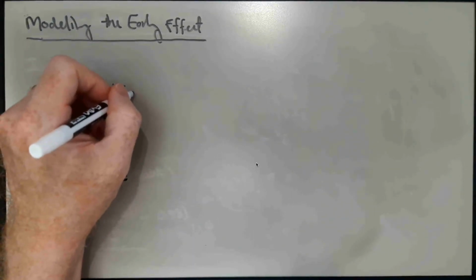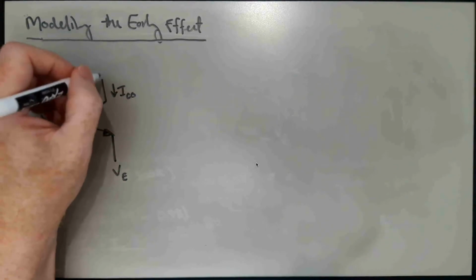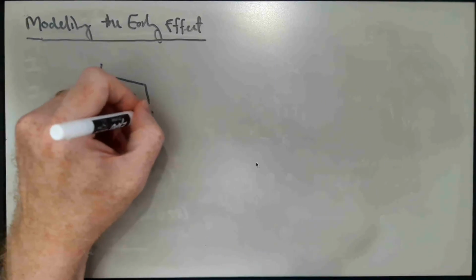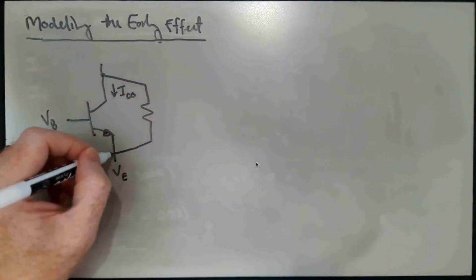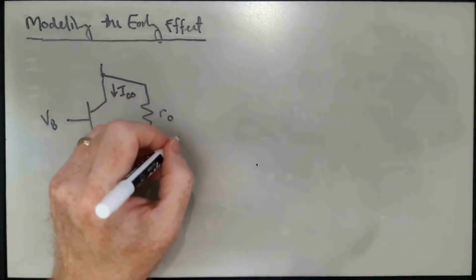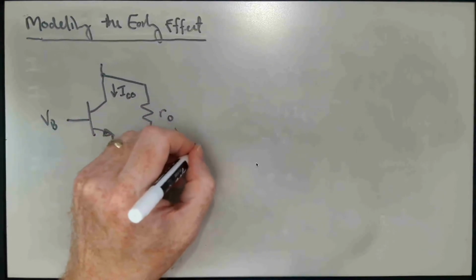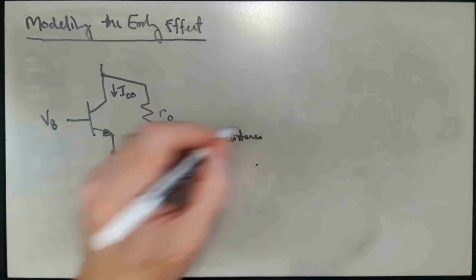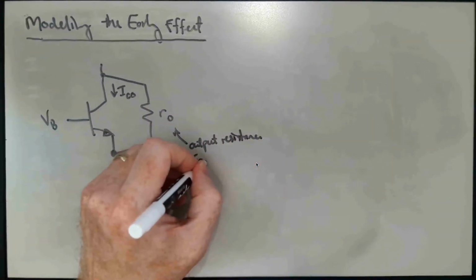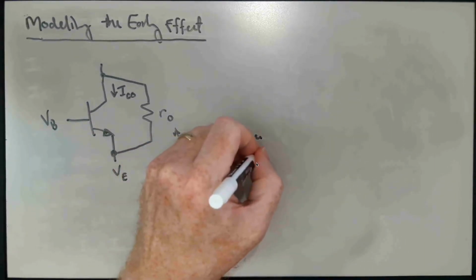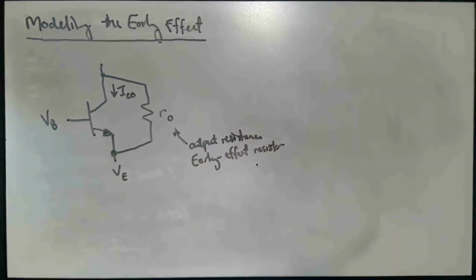Well, let's call it IC0. And we're going to take that transistor and put in parallel with it a resistor, which we're going to call RO. This is the output resistance of the transistor. Sometimes I'll call this the Early effect resistor. I'll denote it by R sub O for output.